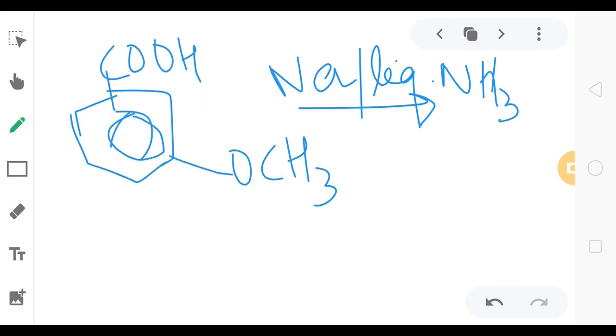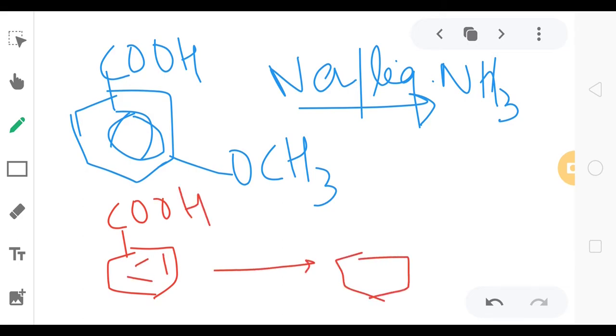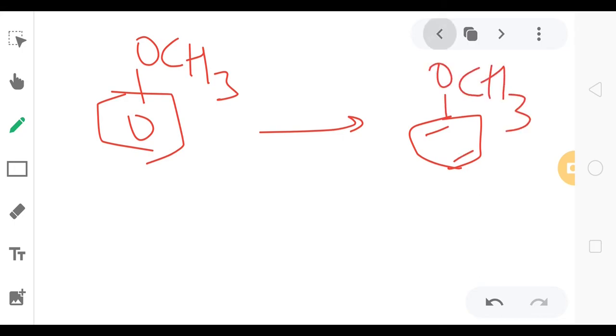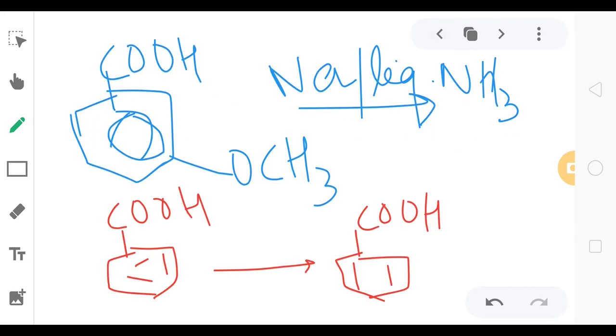Okay. So you know very well that if only an electron withdrawing group is there, then it will give such kind of product. While if you have an electron donating group, then you will end up with this kind of product. Now if you have both, then you have to put the double bond positions in that way.